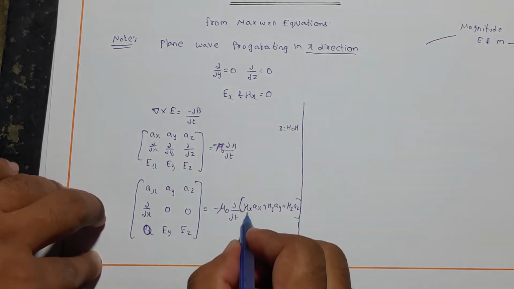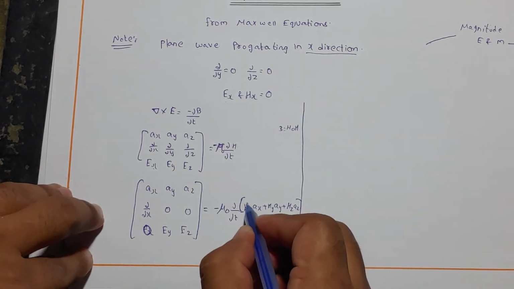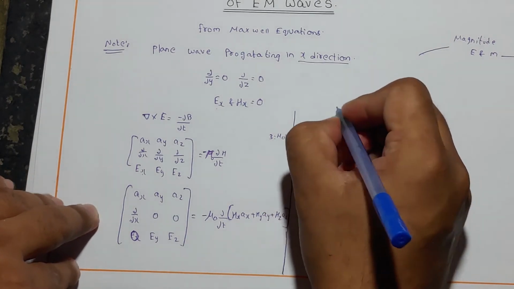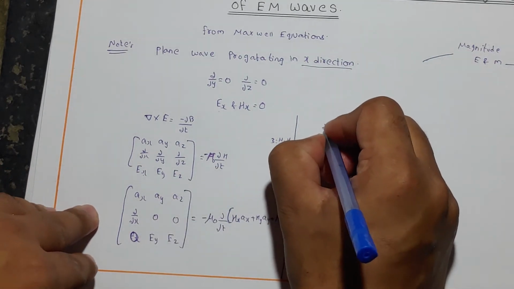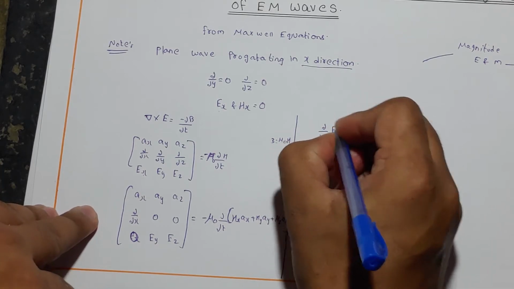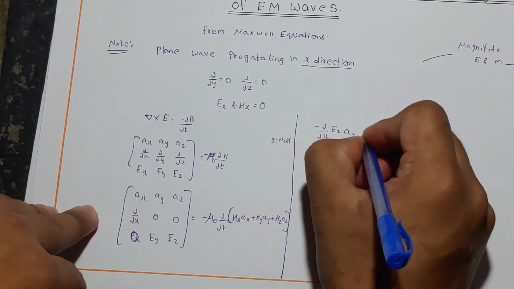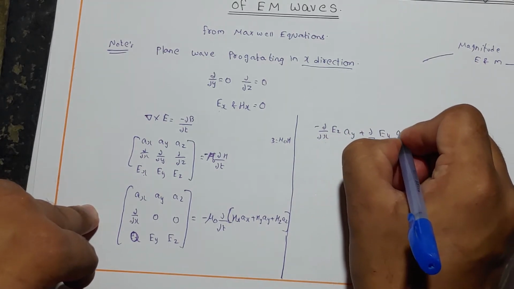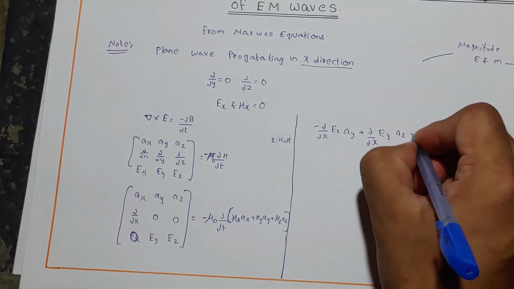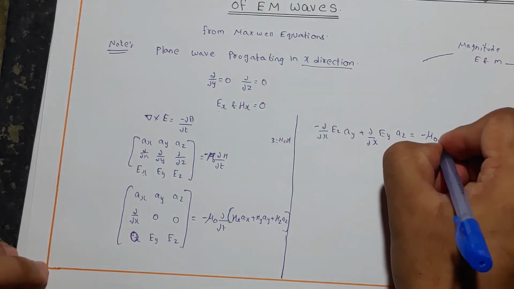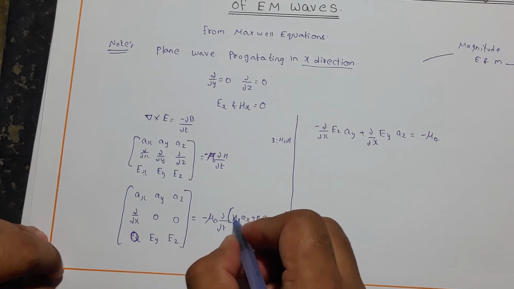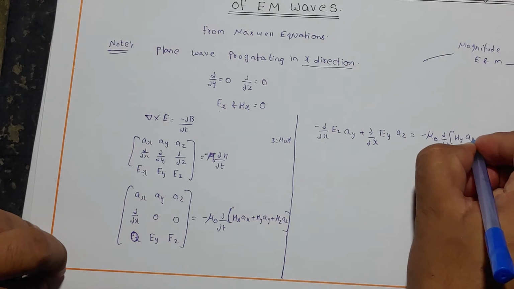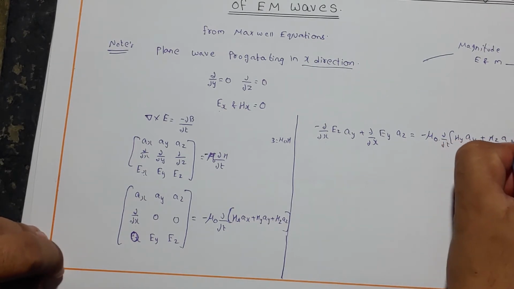As we know that Hx would be equal to 0, this term would be equal to 0. So let us write next, this could be solved as dou by dou x of Ez in the minus direction Ay plus dou by dou x of Ey Az. This could be equal to minus mu naught, as this term would be equal to 0, dou by dou t of Hy Ay plus Hz Az.